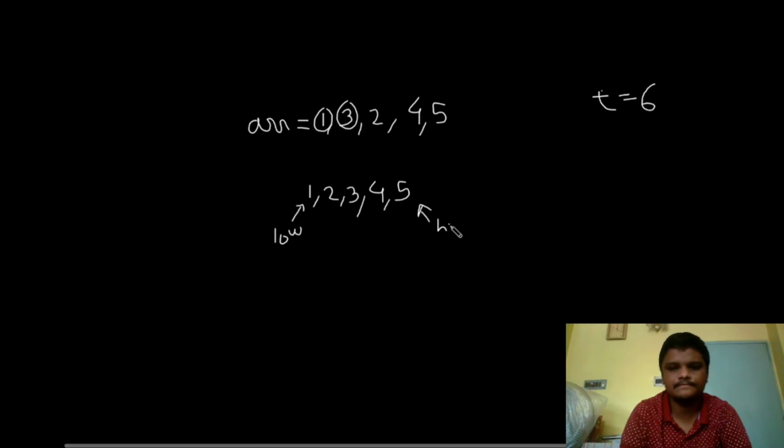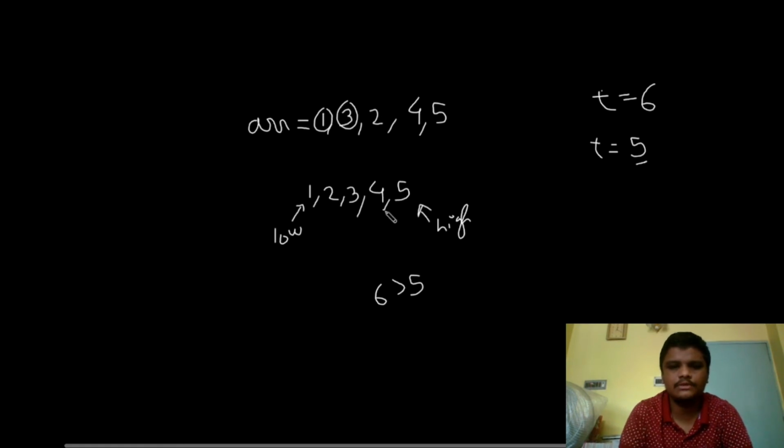Then we are going to check whether 1 plus 5 is equal to the target element or not. But let's say we take a target element of 5 this time. So we check whether 1 plus 5 is equal to 5 or not. 6 is greater than 5, so since it is greater, we have to decrement the high pointer by 1.